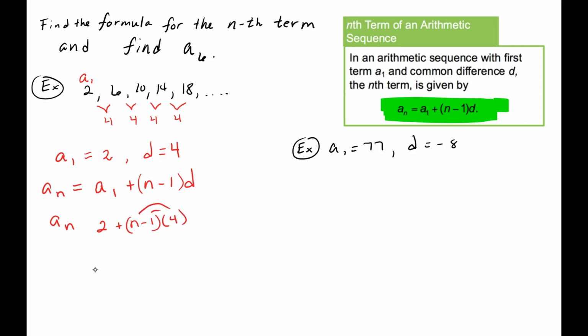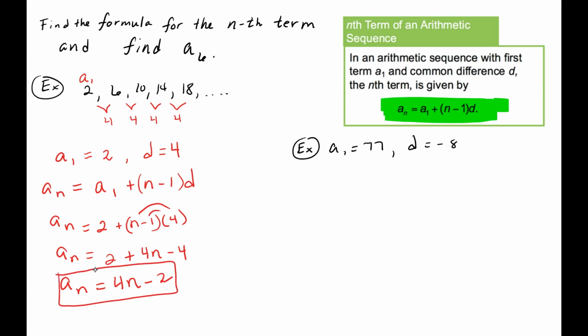Now we're going to do a little bit of simple distribution. A sub n will equal 2 plus, 4 times n is 4n, and 4 times negative 1 is negative 4. So the nth term formula is 4n, and then 2 minus 4 is negative 2. That answers the first part.